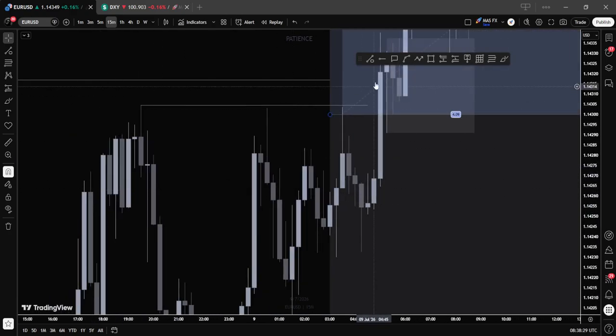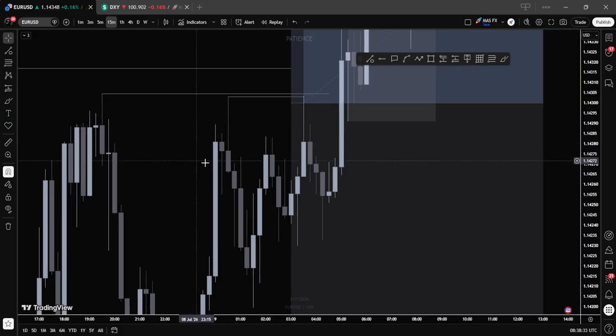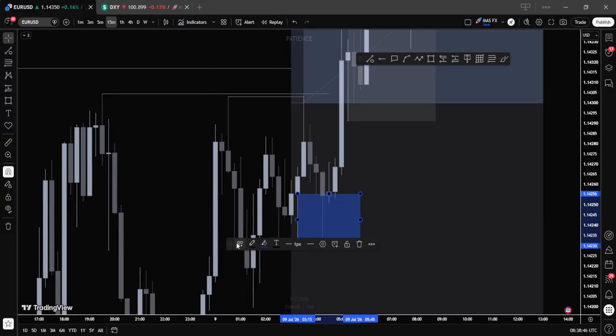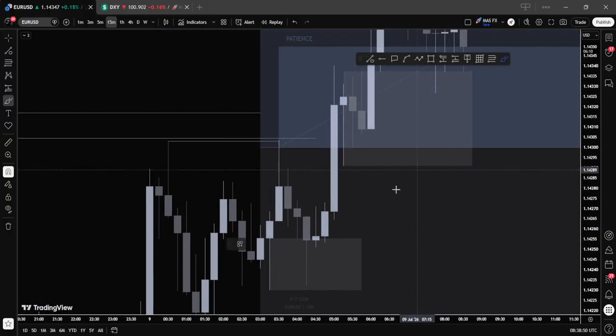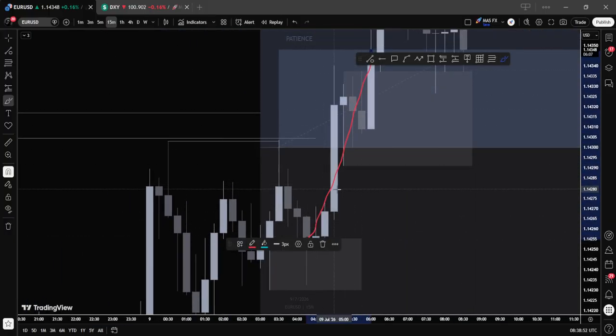But anyways, we had a break of structure over here, and we retraced all the way back down to this other block. Sorry, we retraced into the rejection block, and that was what fueled the move to the upside. But I think I entered prematurely after price just took out this high over here.